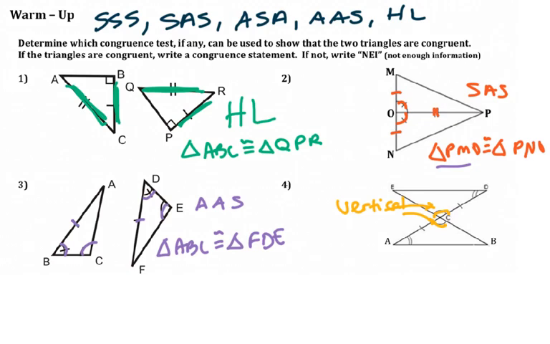And then I've got these two angles, and there's a side included, so that'd be angle, side, angle, and that is a congruence test. So we're going to say triangle ACB is congruent to triangle DCE. Again, you could say ABC, but then you would say DEC. It doesn't really matter, just however you want to do that.